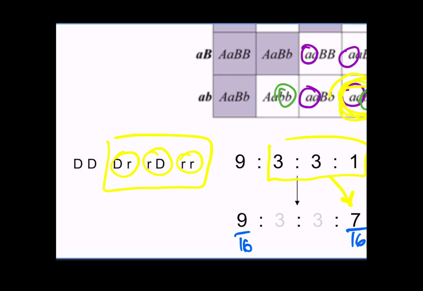It's proportions. So if you're getting, I don't know, 57 individuals in the progeny, you would have to multiply 57 times 9/16 to see how many would be purple, and 57 times 7/16 to see how many would be white. Don't forget that.